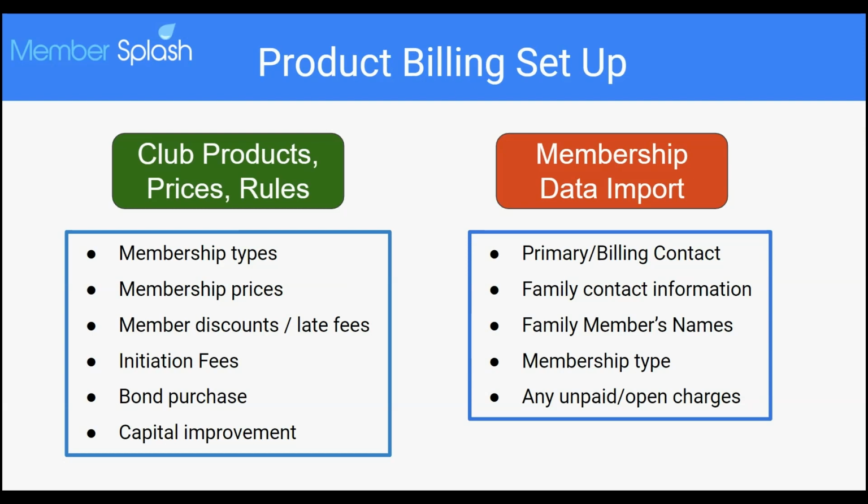So we're going to be bringing in data, typically, that would include, of course, the primary or billing contact on each account, the additional family members and their contact information, and their names. What is the membership type for this family? Are they a family? Is it an individual or couple or senior? And then any unpaid or open charges. These are all items that can be brought into MemberSplash, so we start off on really firm footing.